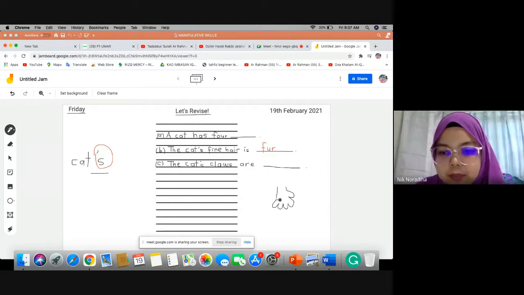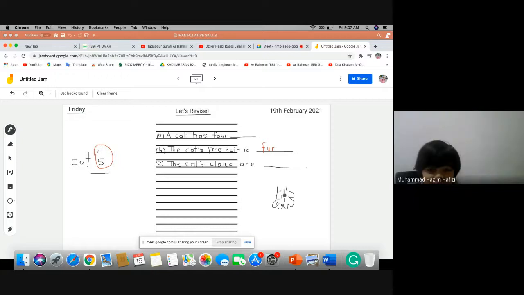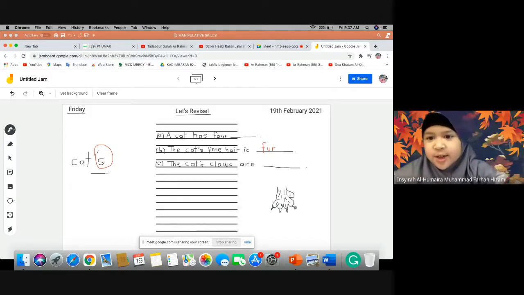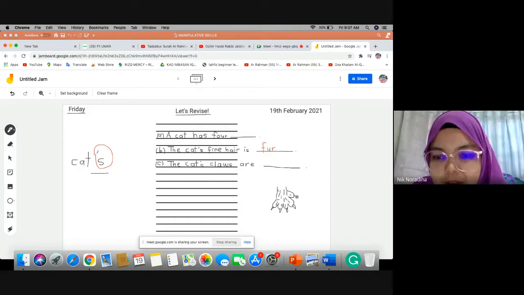They have the fur here. So here is what we call claws. So sharp. Yes, good job.